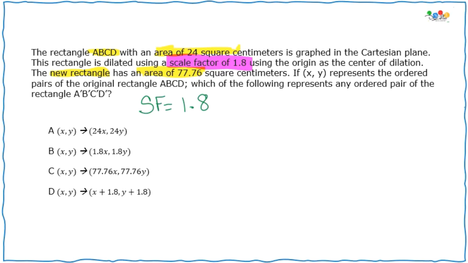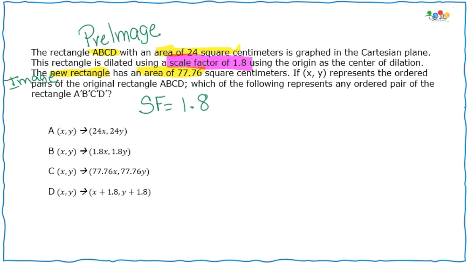But just keep that in mind, because ABCD will be considered my pre-image, and the new rectangle will be considered my image. Very good. So let's see if you remember how to find new measurements.